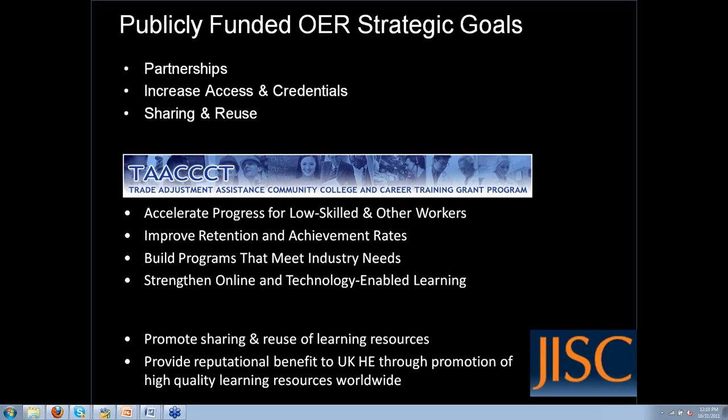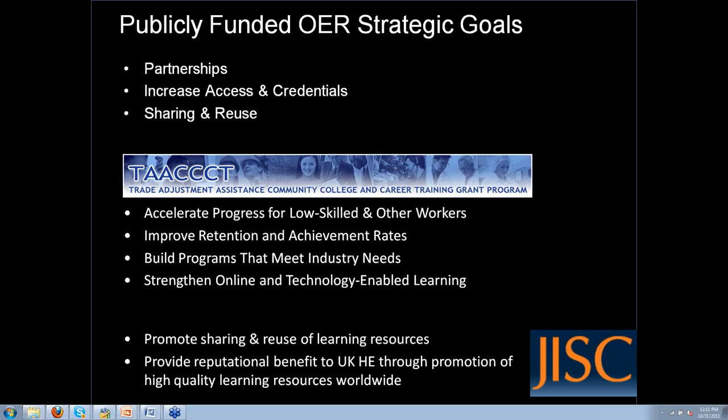The third kind of strategy or goal that they're trying to enable is to see some efficiencies around sharing and reuse of curricula so that we don't get many reinventions of the wheel across all public post-secondary institutions.